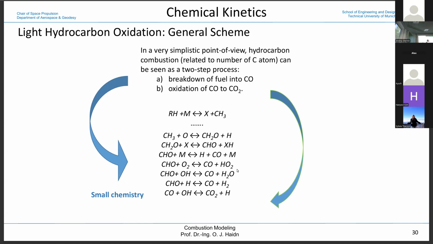So RH stands for any type of hydrocarbon chain with a molecule that generates the CH3 plus some remaining molecule in the system. That's in principle what we call small chemistry. So you see that the number of carbon atoms is 1. If you have the small chemistry right, your overall result can't be that low.